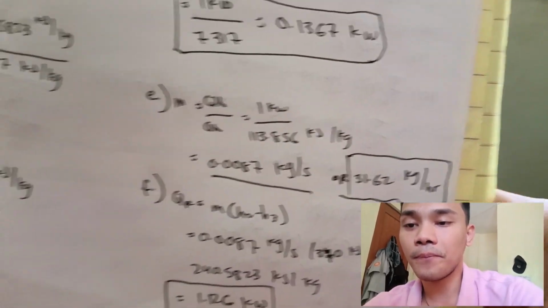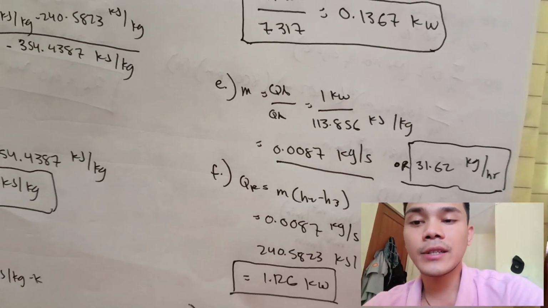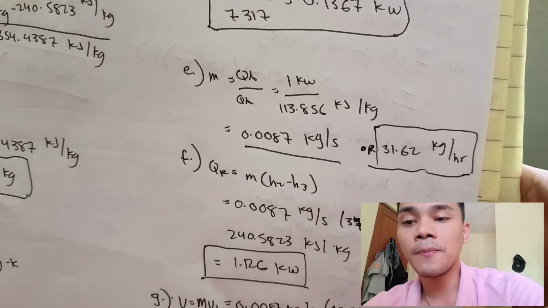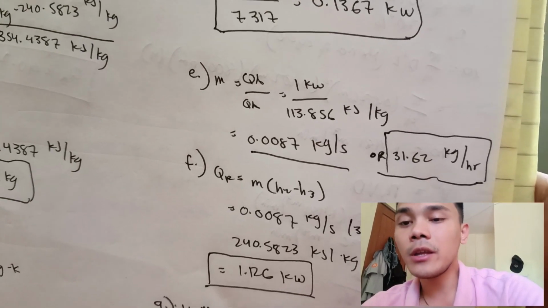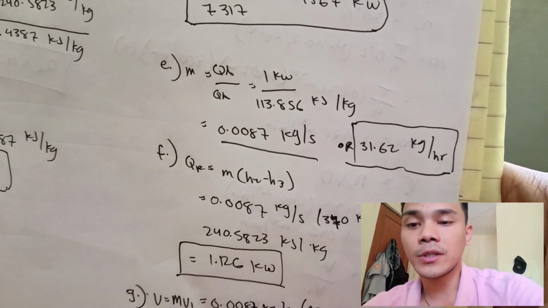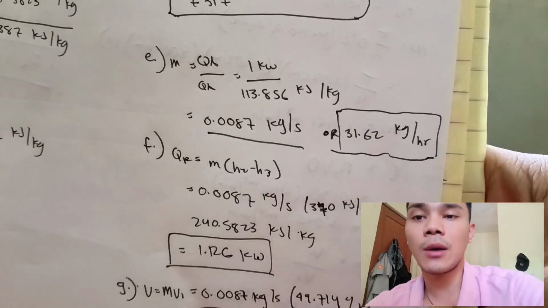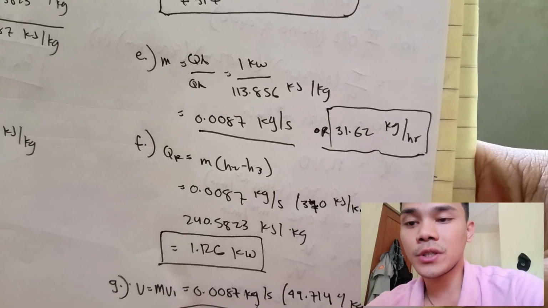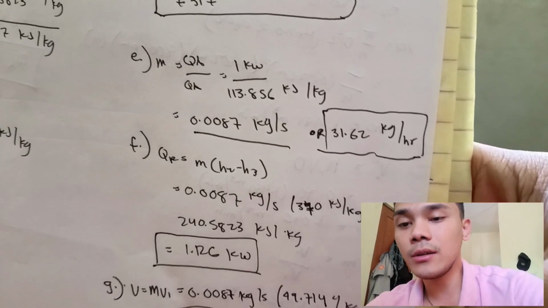So now, next natong isolve is ang iyang heat rejected. So heat rejected is equals to mass flow rate times or multiply sa H2 minus H3. So we simply substitute na lang, no? Na-solve na nato ganina ang mass flow rate. So ang atong mass flow rate is 0.0087 kg per second.